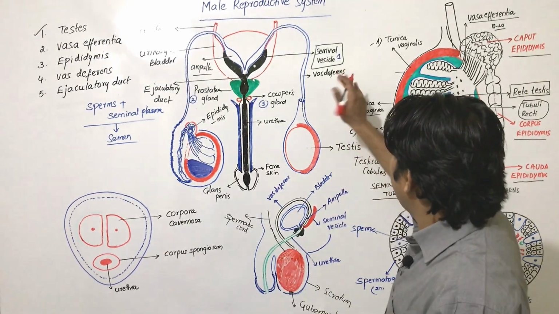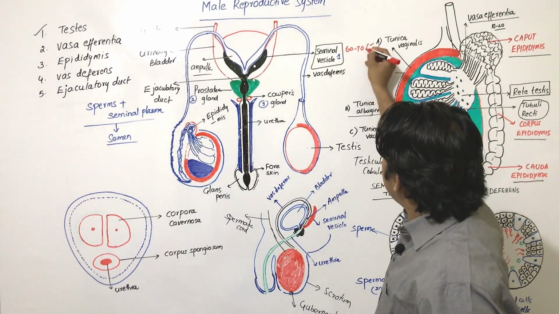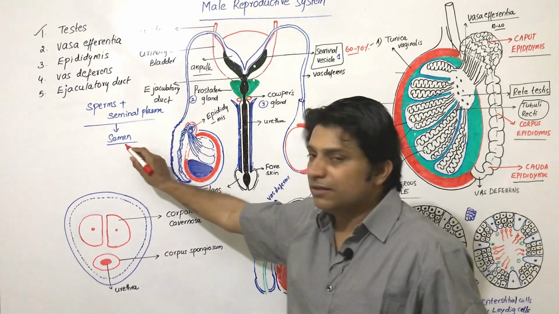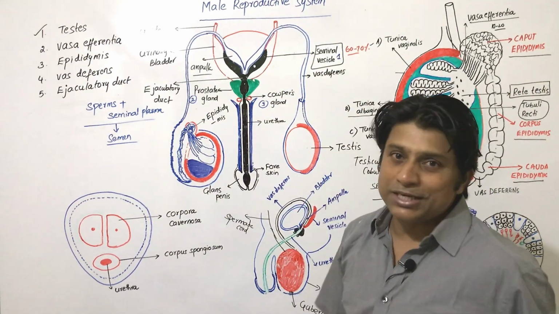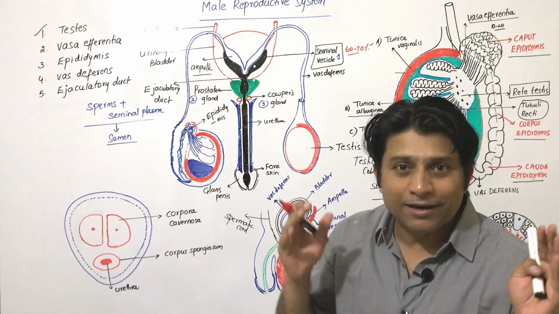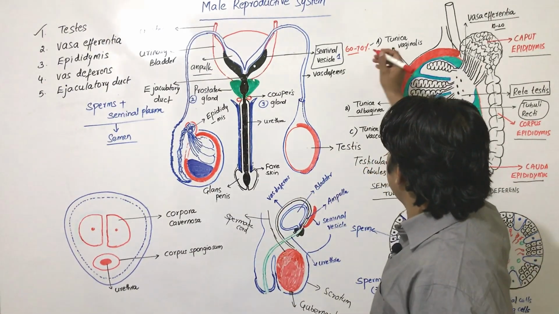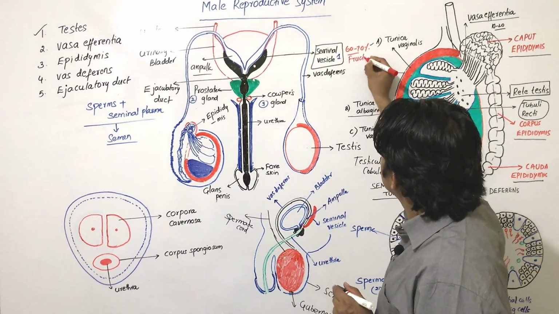And the seminal fluid contributes 60 to 70% of semen. In the semen, the contribution of the seminal vesicles is 60 to 70%. And what does it principally contain? Seminal fluid principally contains fructose.